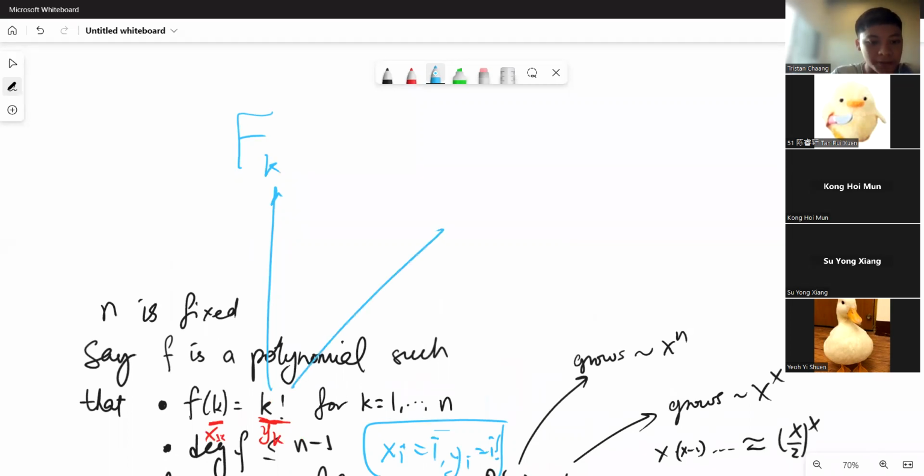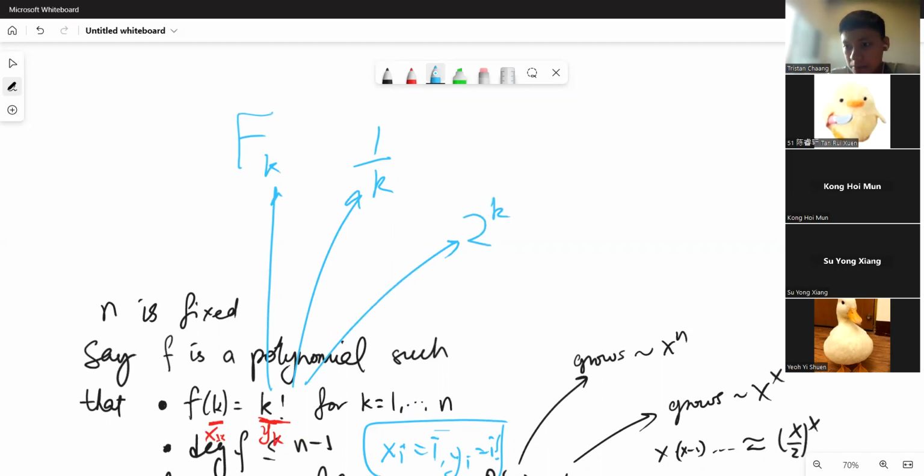Or you can replace it with 1 over k, I think. You can replace it with other things actually. I'm not sure if cos or sine k would give you a nice answer. But let's say 2 to the k, I think that also works.